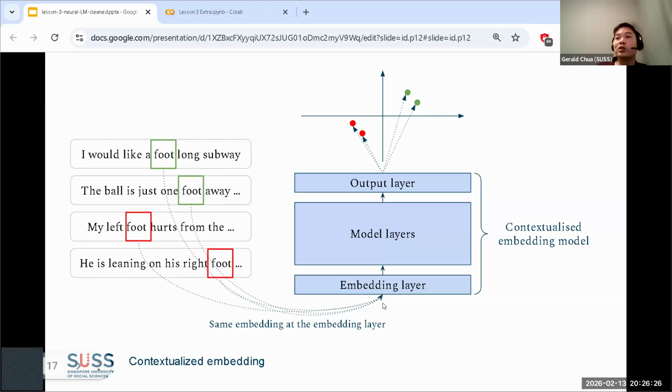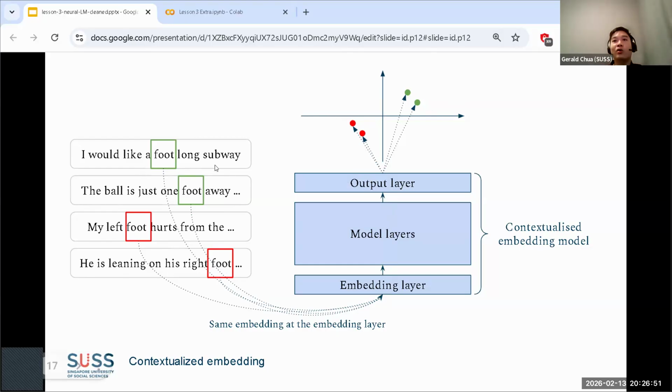When each word goes into the embedding layer, it trains in the model, and then it creates its own output that's similar to word2vec. So foot, maybe these two, my left foot, my right foot, have slightly different contextual meaning because we have two feet, but the left foot is the one on the left and the right foot is the one on the right. So here, they can be quite similar.